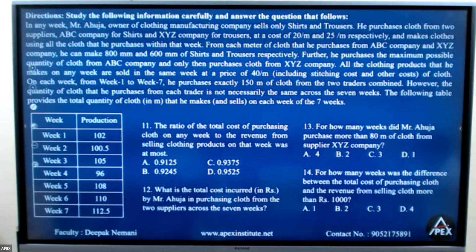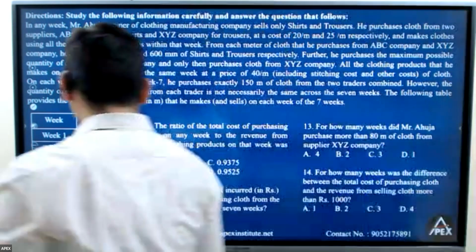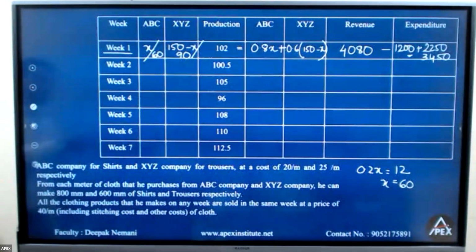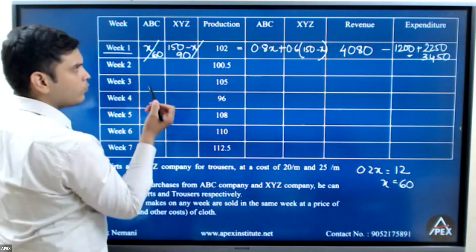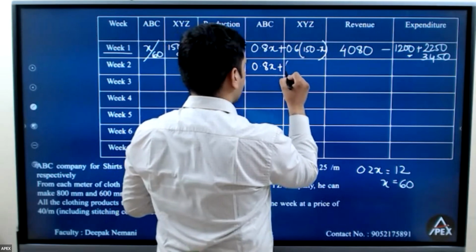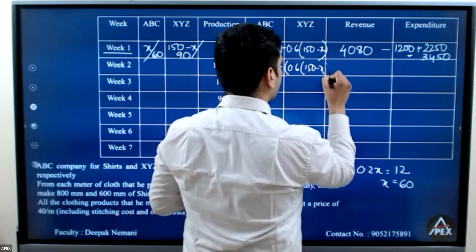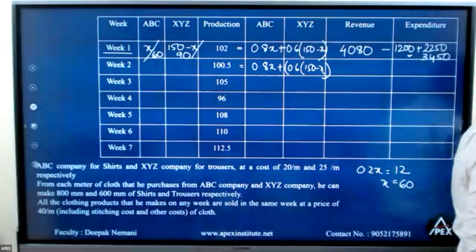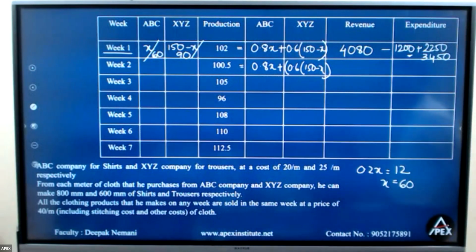For everything there will be something, take x and 150 minus x. So what is the value of x cube? 0.8x.